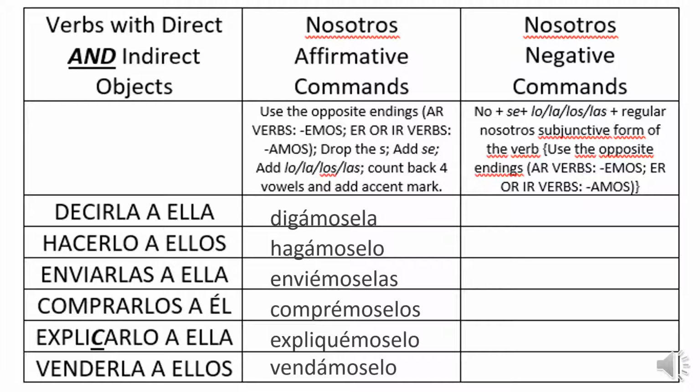The nosotros negative commands will be 4 separate words. No plus se plus lo, la, los, or las, and the regular nosotros subjunctive form of the verb. So, no se la digamos.